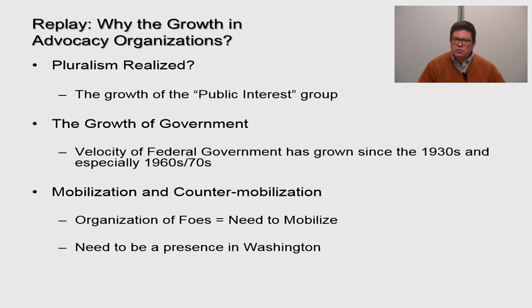Then you've seen a huge growth in the amount of government since the 1960s. So the more government programs there are, the more groups are going to organize to preserve those government programs so that they can continue to get their goodies, right? They can get the material incentives that they want out of these things. So that's led to more growth. And then finally, as there have been more organizations, everybody else feels the need to counteract them by forming more organizations as well.